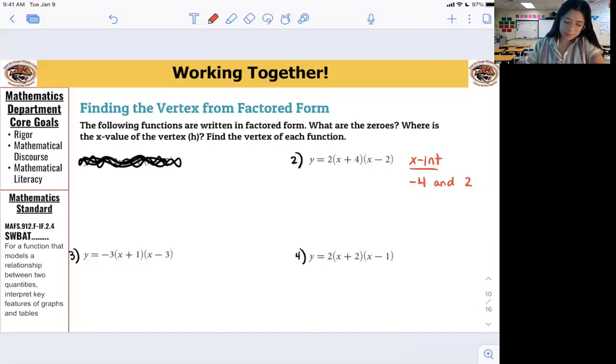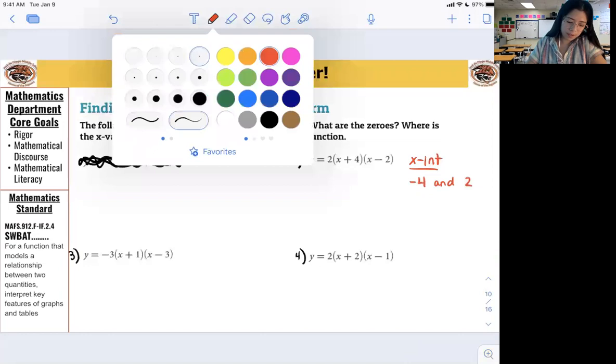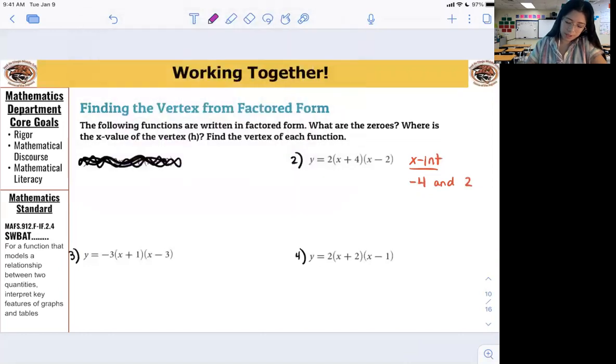That's exactly right. So the number in between these two, that's my h, is -1.